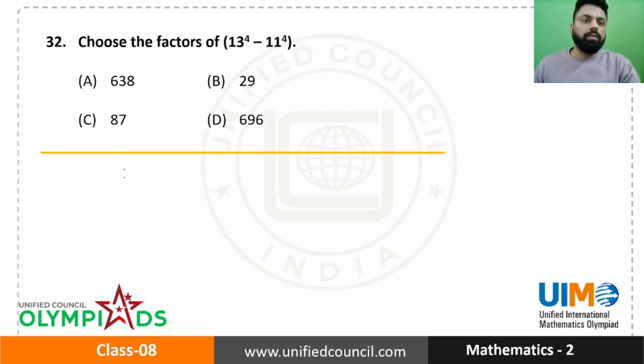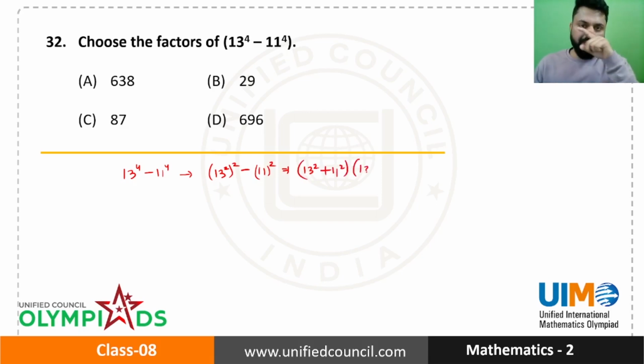Choose the factors of 13 raised to the power 4 minus 11 raised to the power 4. This can be written down as 13 square whole square minus 11 square whole square. That is 13 square plus 11 square multiplied by 13 square minus 11 square.